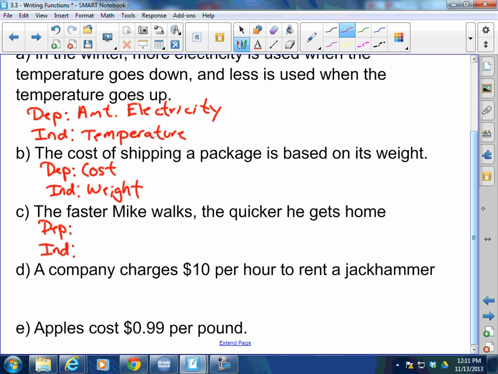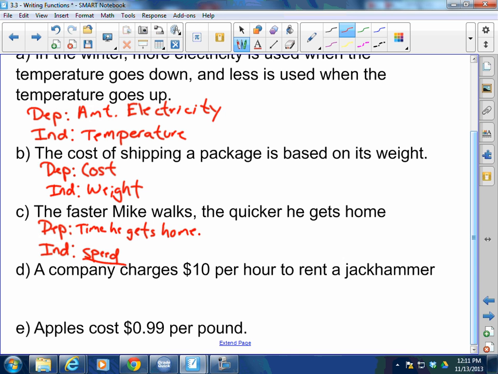Isn't it Mike's decision to walk either slowly or quickly? So his speed is independent. And what's dependent here? The time he gets home. Right? Because the faster I walk, the less time it takes me to get home. Usually time is independent, but in this case, the way I wrote it, time is dependent on how fast you are.